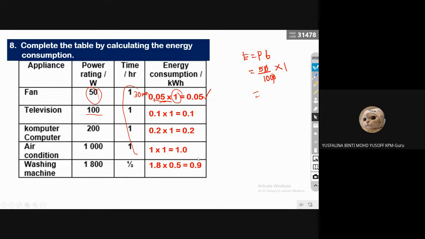Let's say they give you a lot of decimal points, just round off to 2 or 3 decimal points. Unless the answer is exactly 0.9, with no number at the back of it, then you can take 0.9. But if it gives you a long number, then you need to round off to 2 or 3 decimal points with the unit.